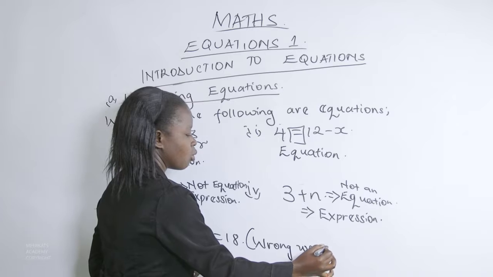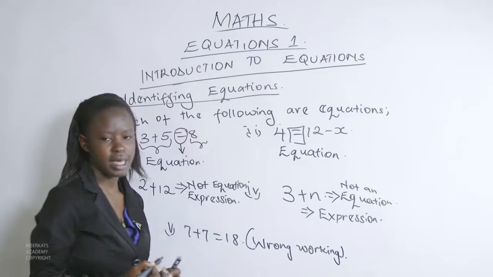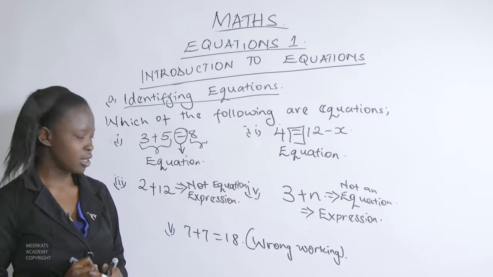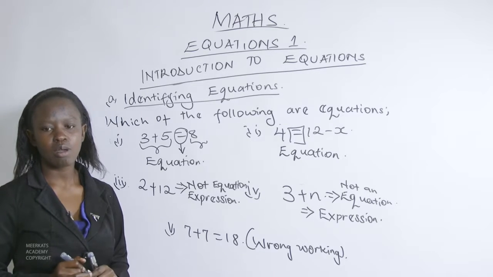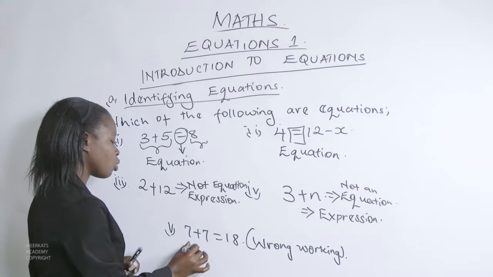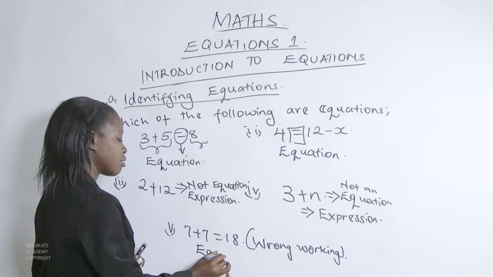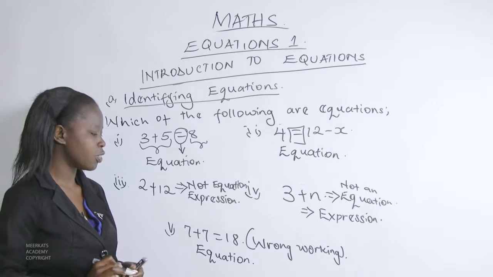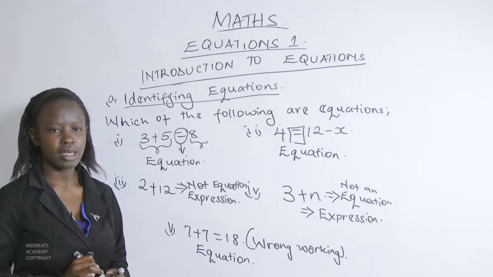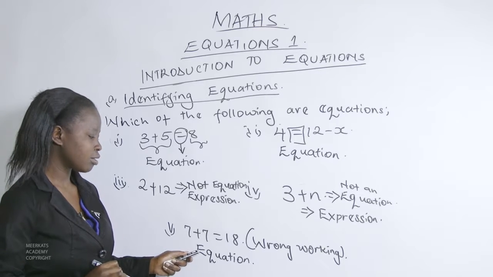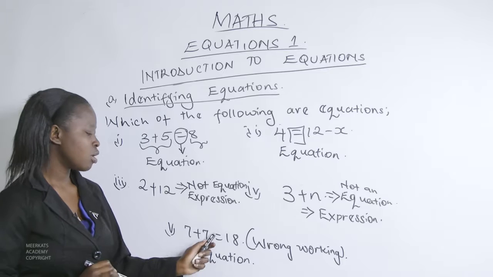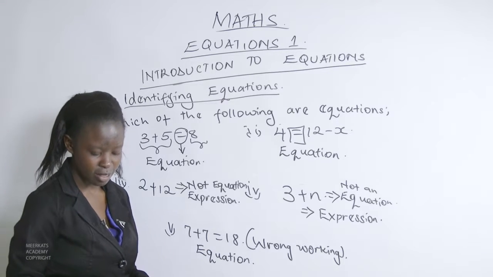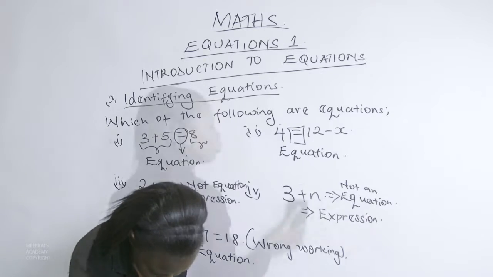But despite the fact that there is a wrong working in this given sum, it still qualifies to be called an equation because we have an equal sign. So it is an equation even though there is a wrong working that is done in this case. The reason is we have an equal sign between the collection of numbers that are in that case.